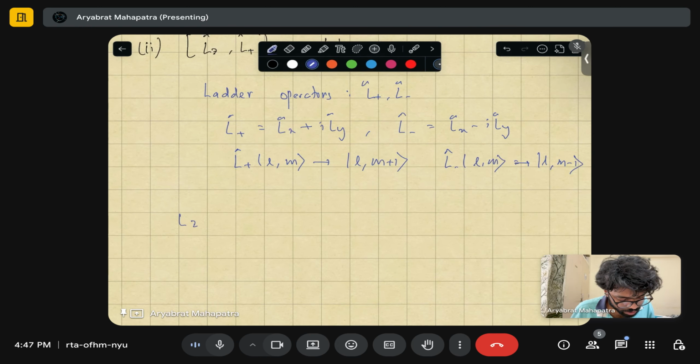So let's start with LZ and L plus. As I said, L plus is defined as LX plus ILY. If you take this commutation, then you have LZ and LX plus I LZ and LY.